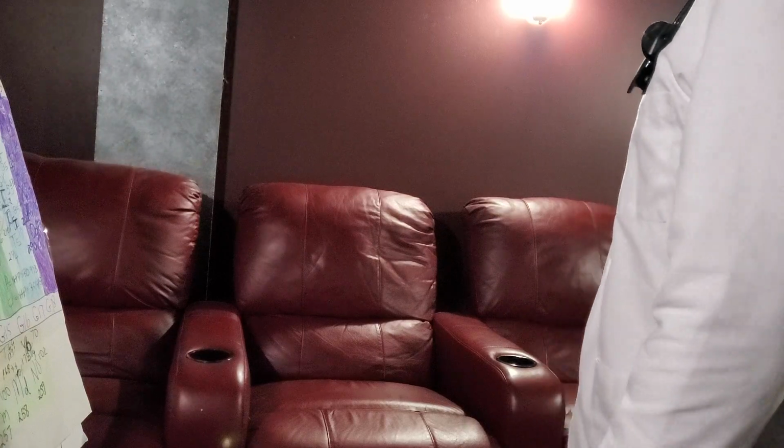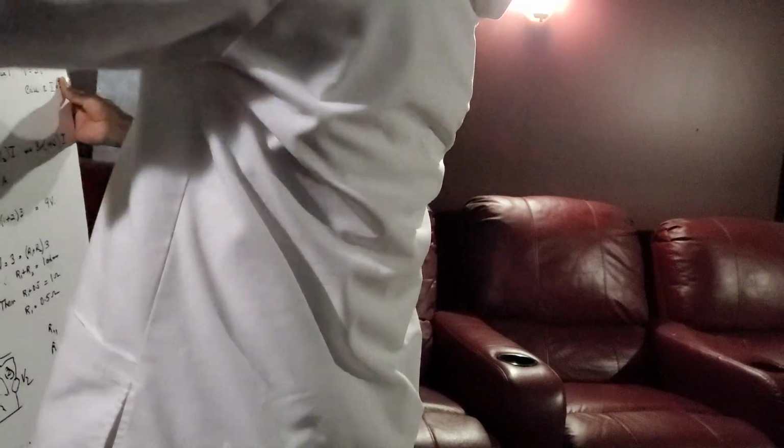We have chosen atomic number 23, which is vanadium. So let's find 23. It might be over on this side. Let's switch over here. We're looking for atomic number 23.